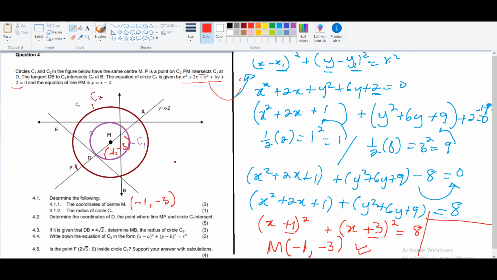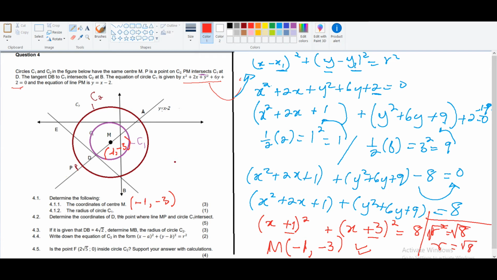That means this side is equal to your radius squared. So what is our r squared equal to? R squared corresponds to the terms that look alike. R squared is equal to 8. So what is our r? Solve for r, take the root of both sides. Then r is equal to root of 8.